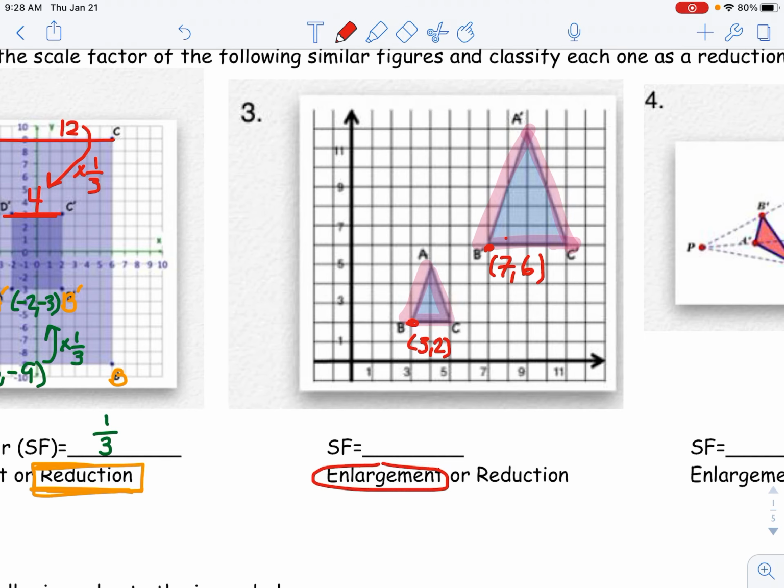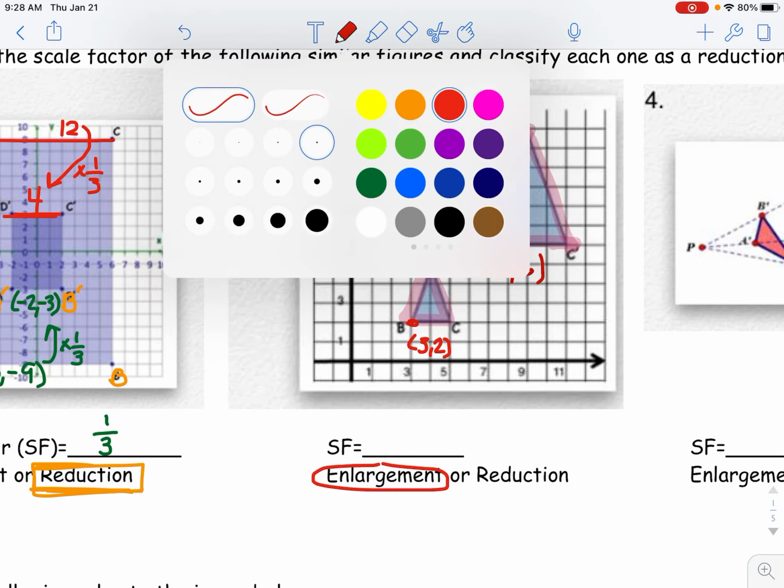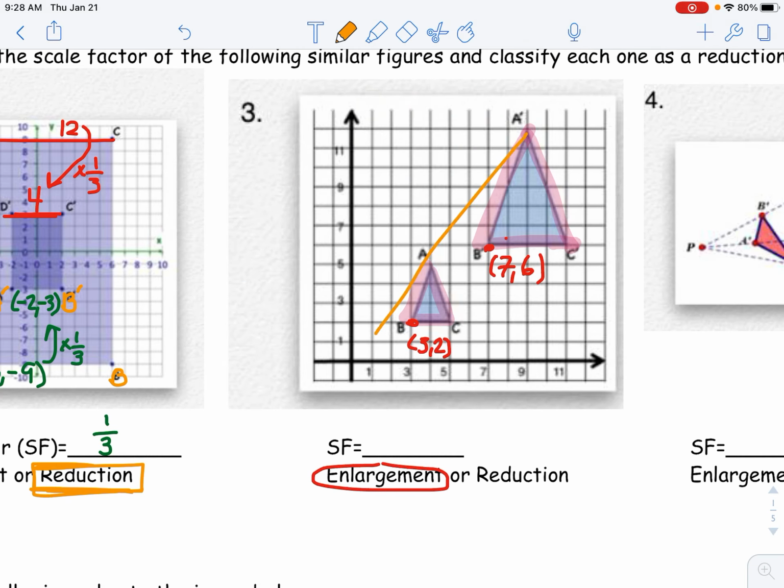Oh, I see what's going on here. So sometimes this is a good thing to point out. Notice how we're not dilating from the origin, so this one's a minor trick problem. Notice how this is the center of the dilation. So notice how it doesn't really make sense.